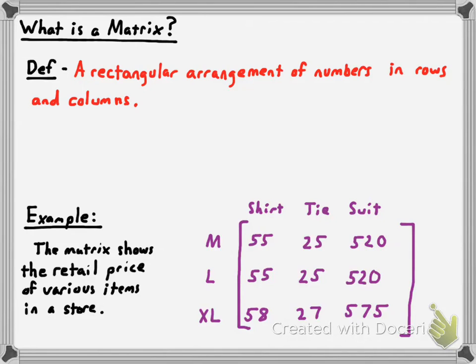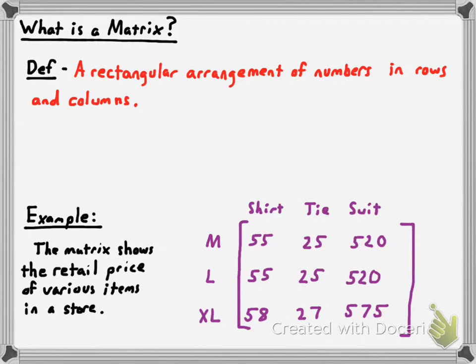Now, why would you care to arrange things in a matrix other than it organizes things a little bit? Well, if you can arrange numbers in matrices, then you can do large-scale operations very quickly. For instance, if I was a store owner and I was going to have a 10% sale, I could easily take this matrix and multiply all of these prices by 90%, because if you save 10%, you'd still pay 90%.